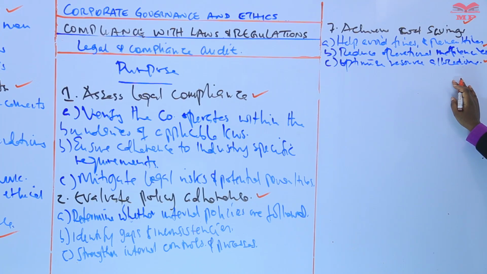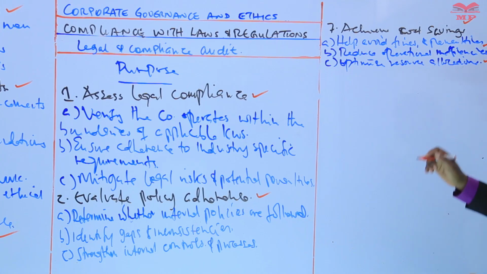So candidates, that is the purposes of a legal and compliance audit. And we can say that a legal and compliance audit plays a key role in ensuring an organization's adherence to legal and regulatory requirements.